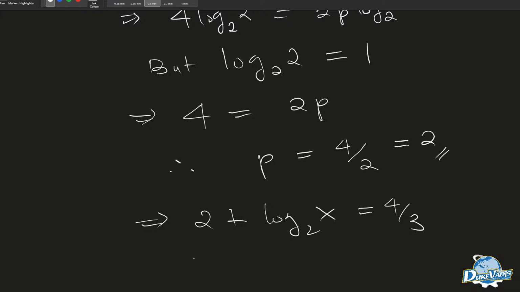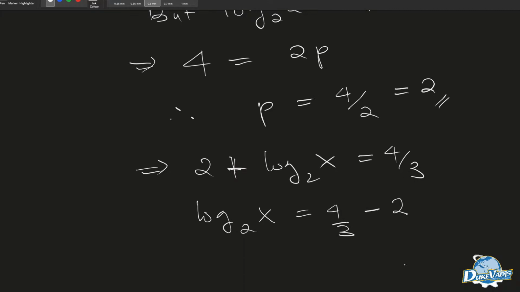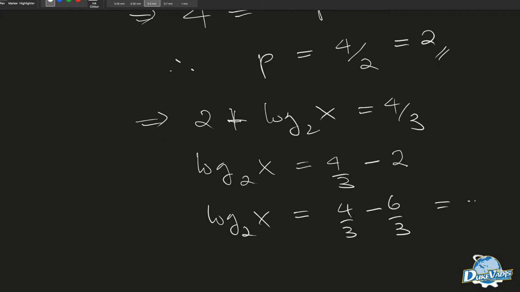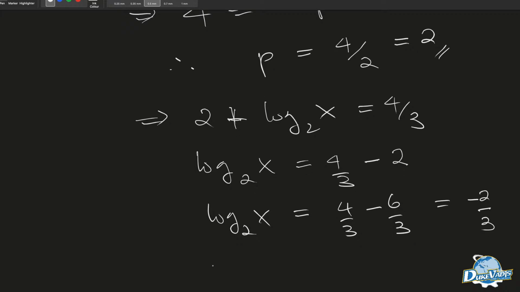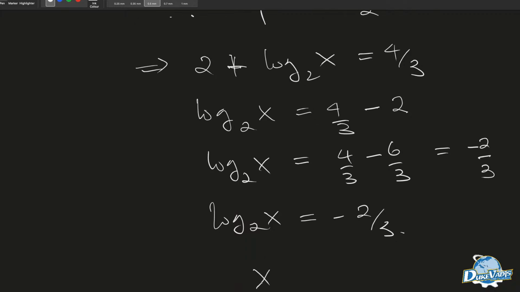Subtracting 4 over 3 from both sides, we get log 2 of x equal to 0, which means x equals 1. Have you seen it? As simple as that.